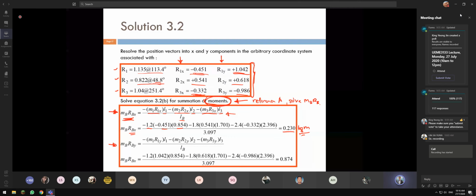Same thing we can do for the y component. Again, we substitute M1 R1y L1, and then M2 R2y L2, M3 R3y L3, and also the LB here. So we will get this MB RB y is 0.874 kilogram meter.